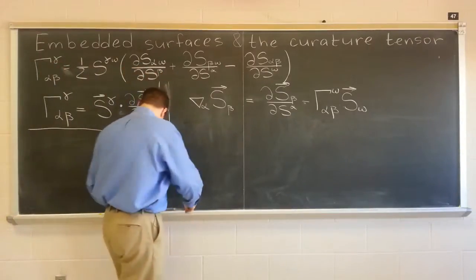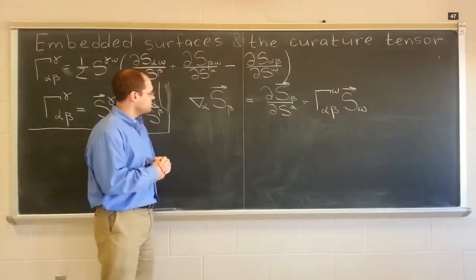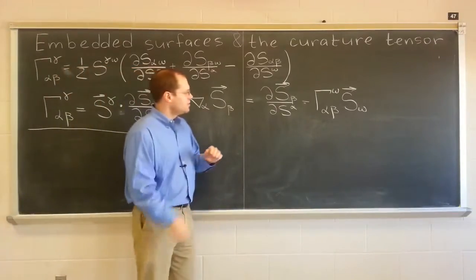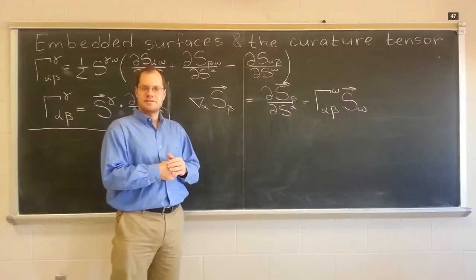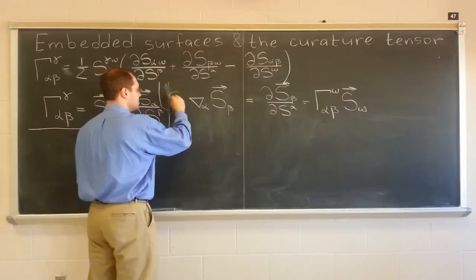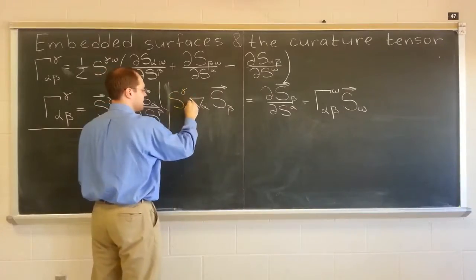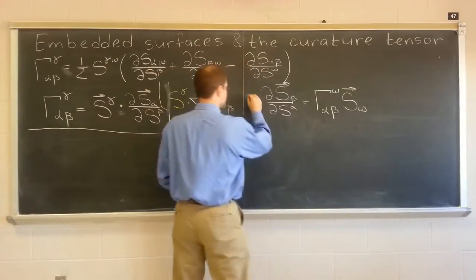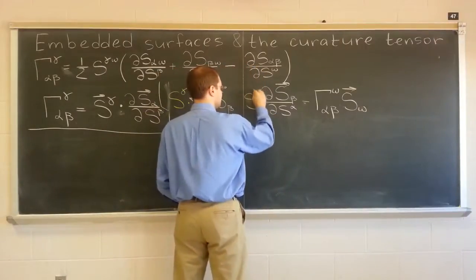Let's dot both sides of this expression. I'll use yellow chalk so you see the contrast with a member of the contravariant basis. So I want to dot both sides of this expression. Find S gamma. Dot this. Dot this.